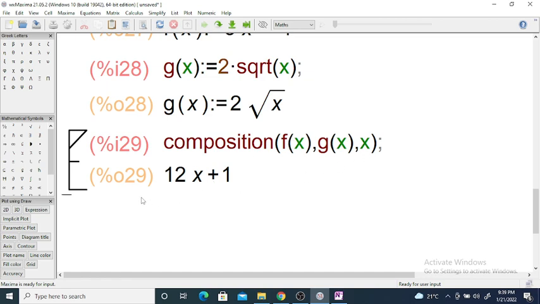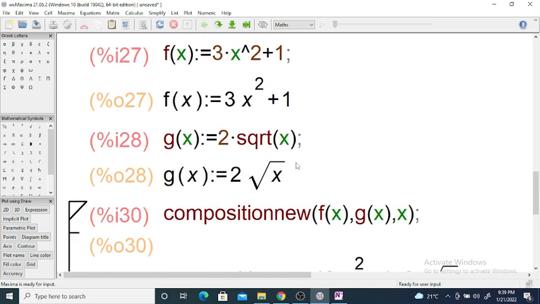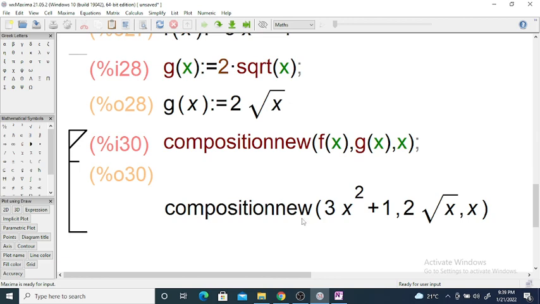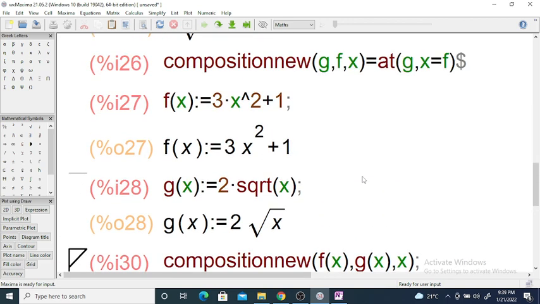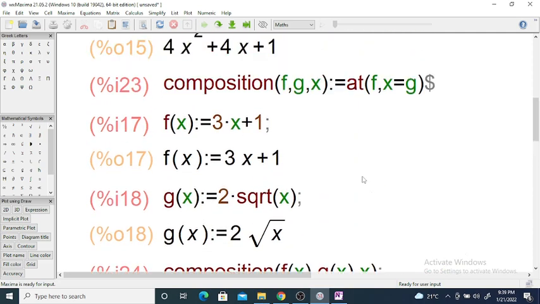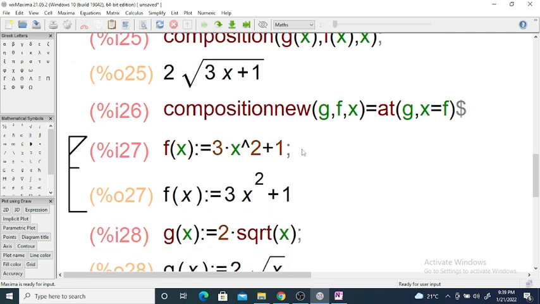Now next, if you calculate here composition new, f of x at g of x is equal to f.